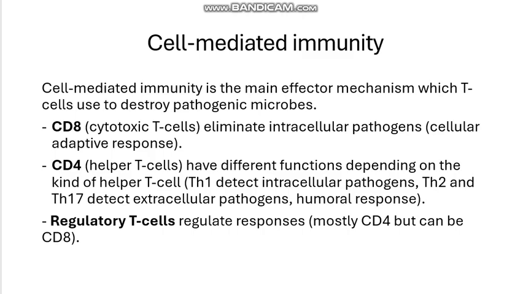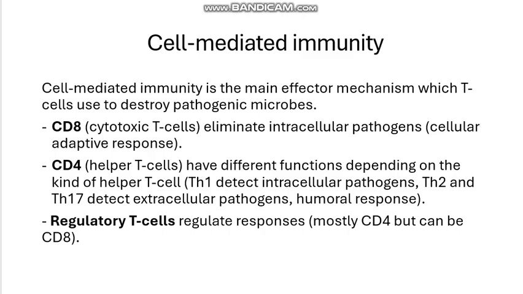Meanwhile, Th2 and Th17 helper T cells detect extracellular pathogens. So Th1 and Th2 are both T cells with T cell receptor and CD4 co-receptor, but Th1 is recognizing intracellular pathogens for the cellular immune response. Meanwhile, Th2 and Th17 detect extracellular pathogens for the humoral response.